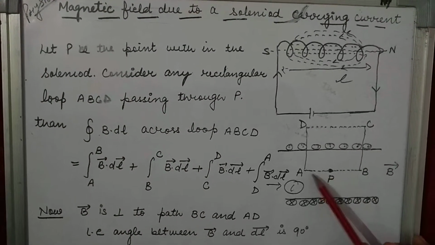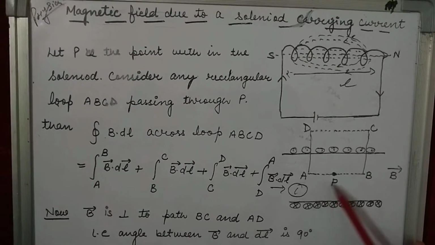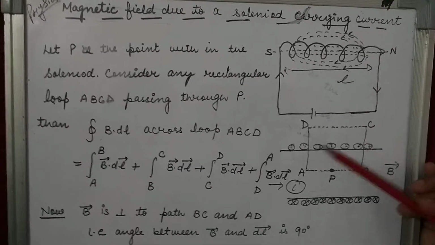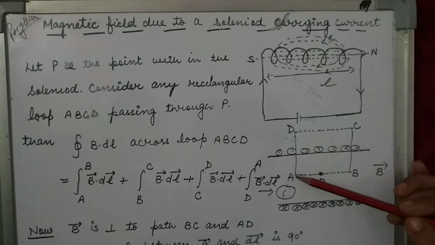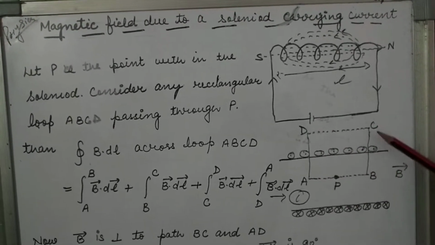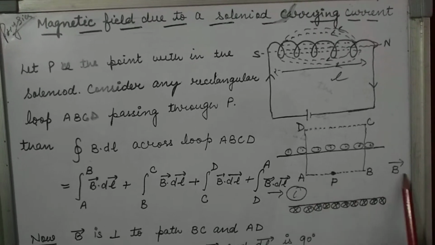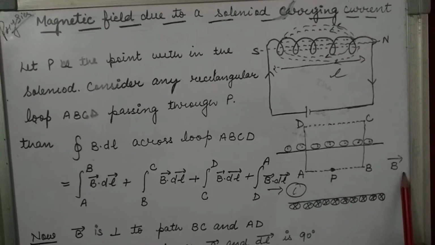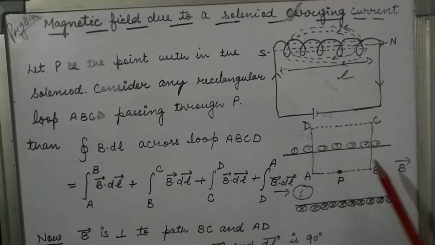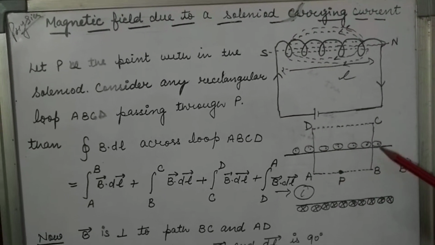Path AB is well within the magnetic field, and the two paths AD and BC are perpendicular to the direction of the magnetic field. Side CD is outside the magnetic field.